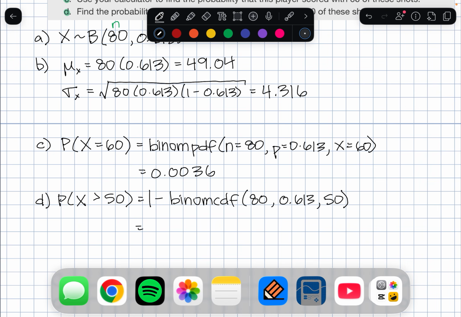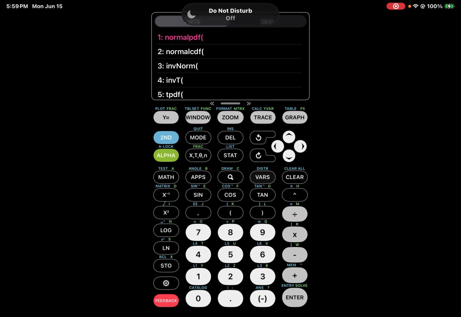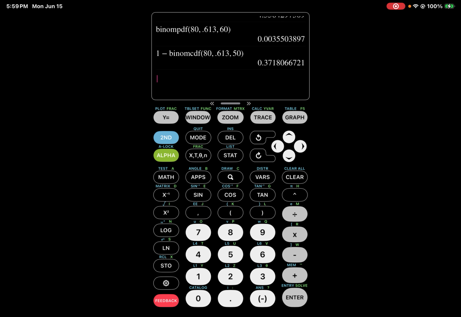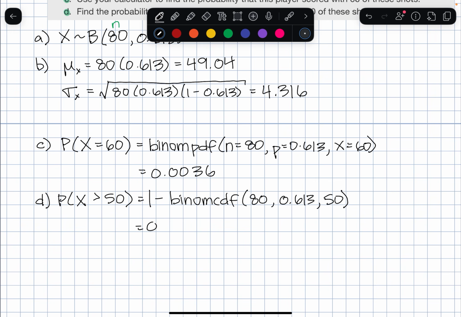On our calculator, when we do this, we have to do the 1 minus before we do the second vars. Then we scroll down to CDF, 80, 0.613, 50 in this case, and we get 0.3718, or 37.18%.